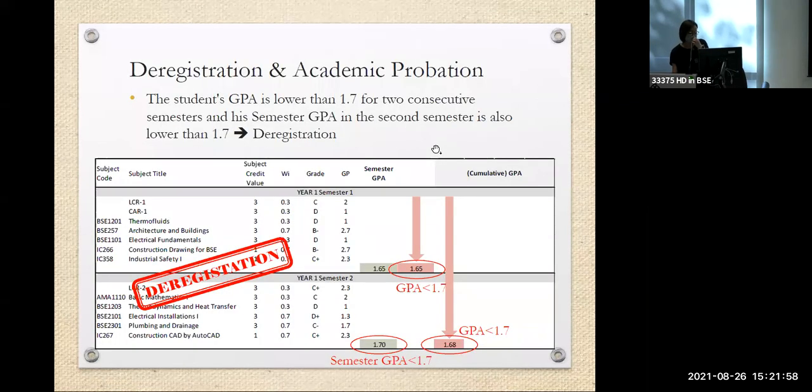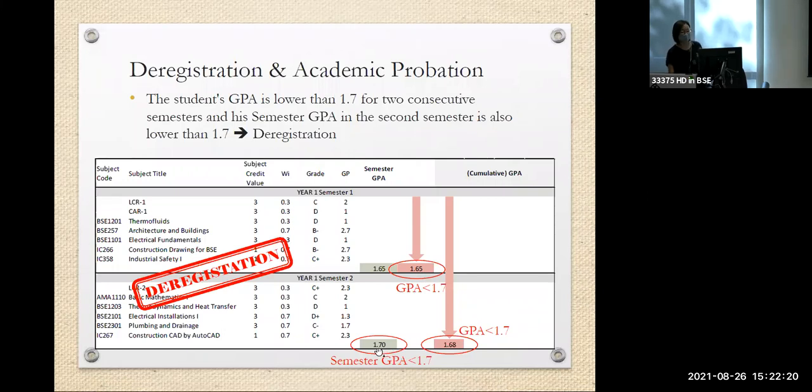Okay, so let's take a look at this student. So this student gets a semester GPA of 1.65, which is lower than 1.7. And then in the second semester, the GPA is 1.7.